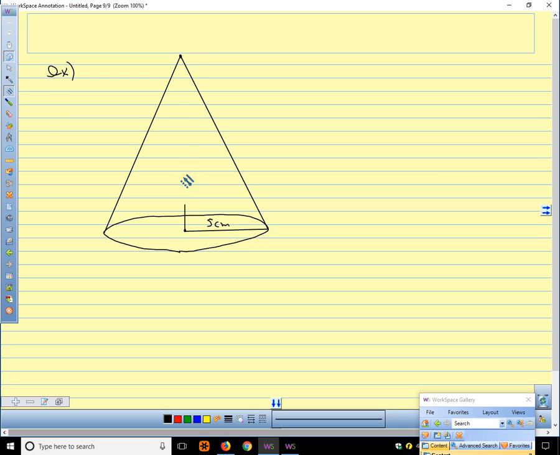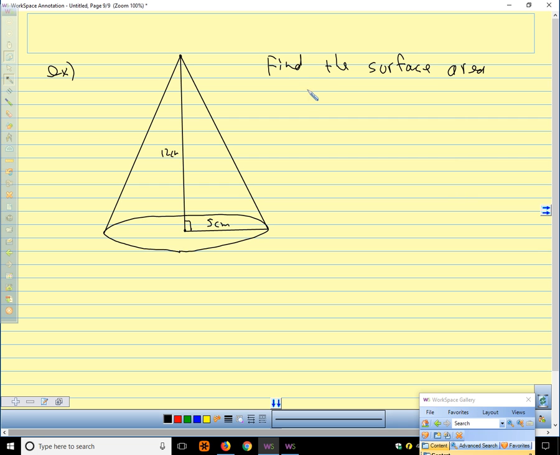And this portion, that is 12 centimeters. And that is perpendicular. And we want to find the surface area in terms of pi.